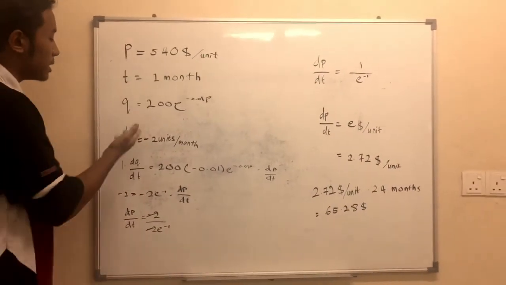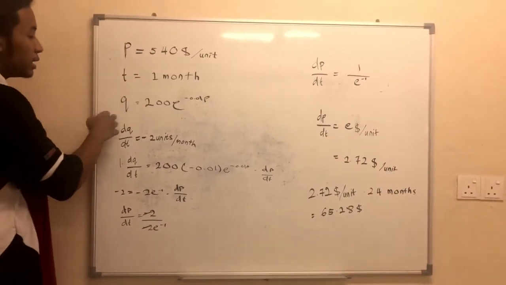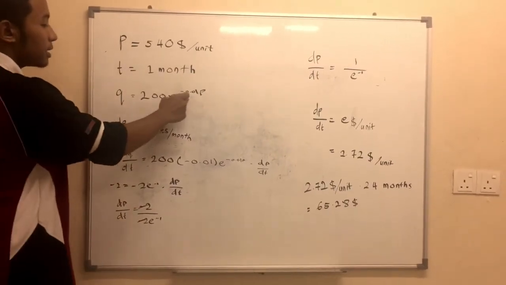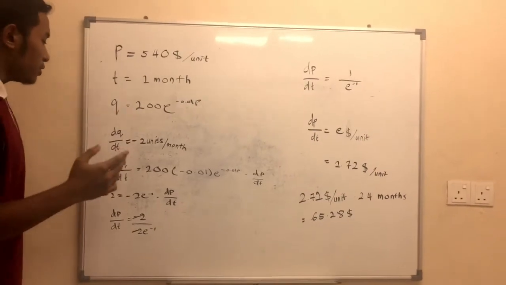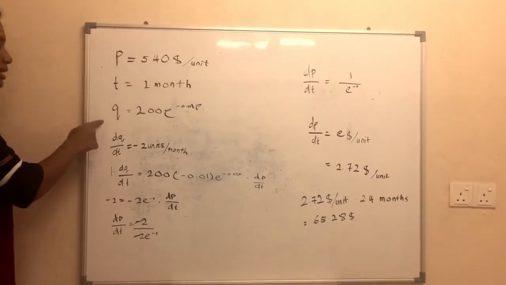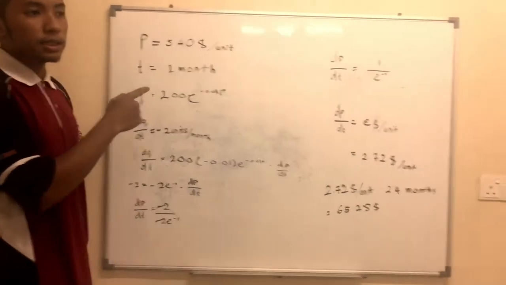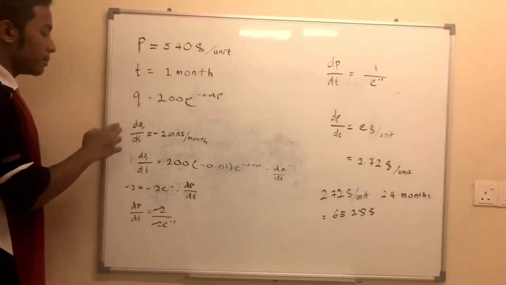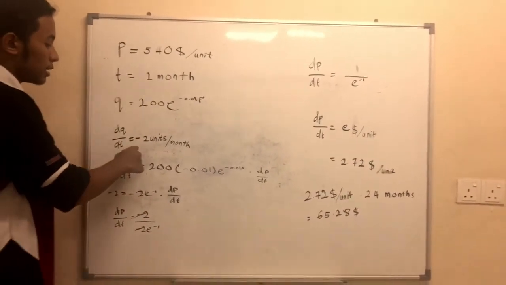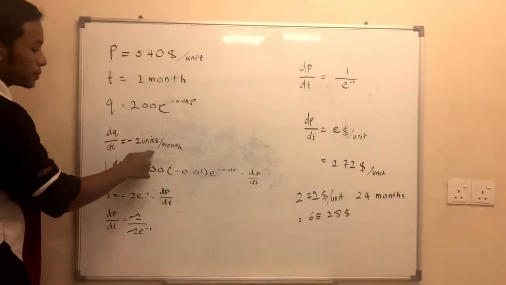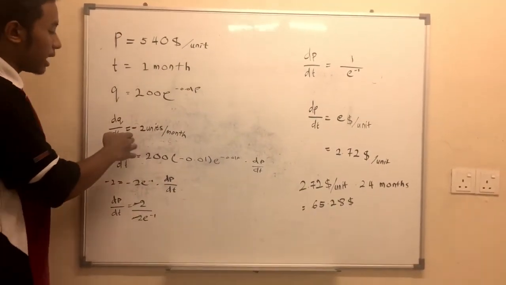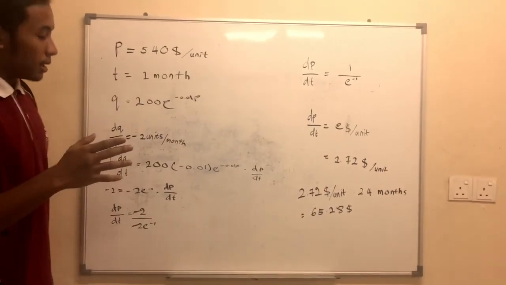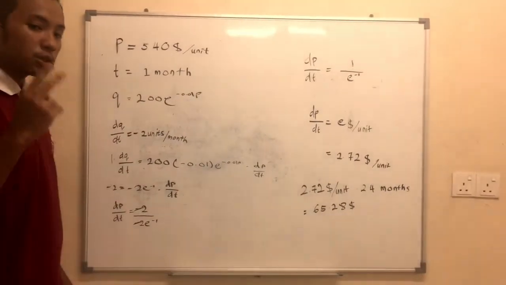Then we use the equation Q, the quantity, equals 200e to the power of negative 0.01P. Then we differentiate the quantity bought by the students with respect to time, and we get negative 2 units per month. Negative here means that the iPhone sold in a month is reduced by 2.